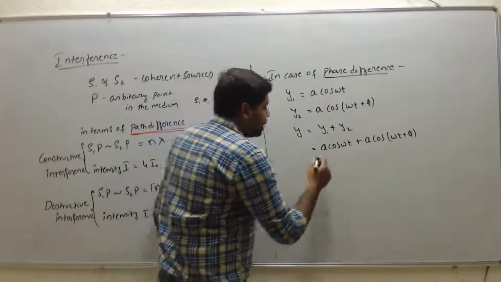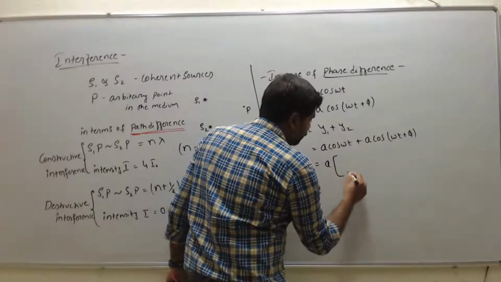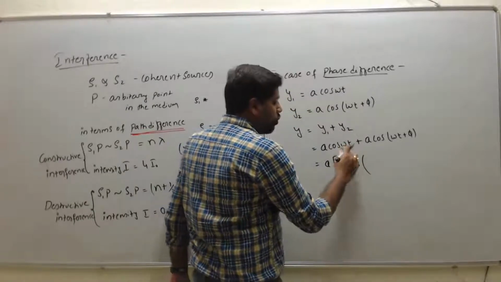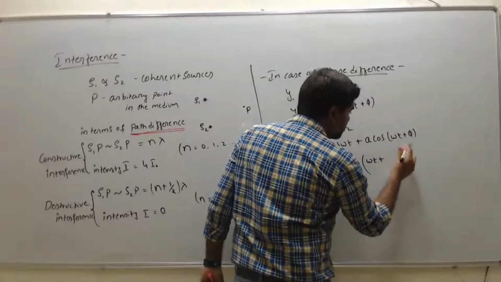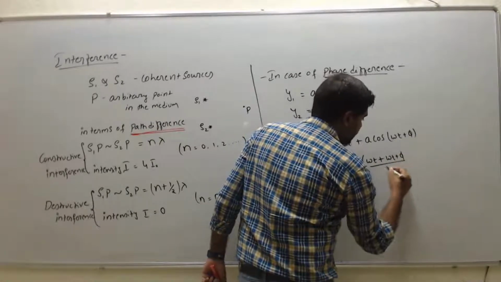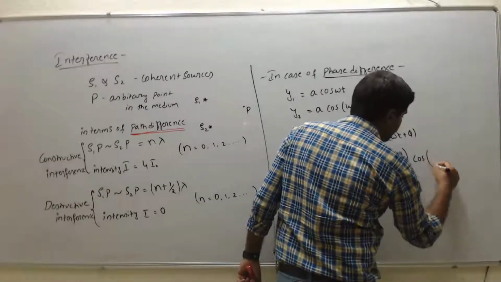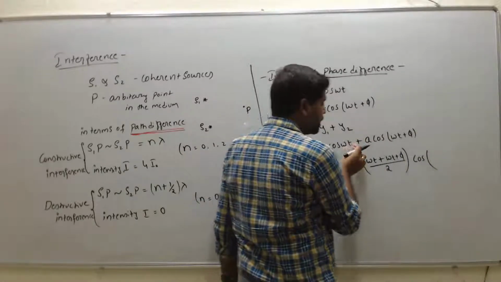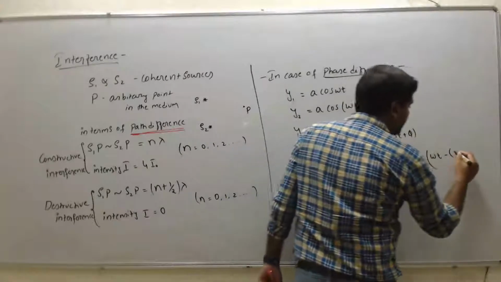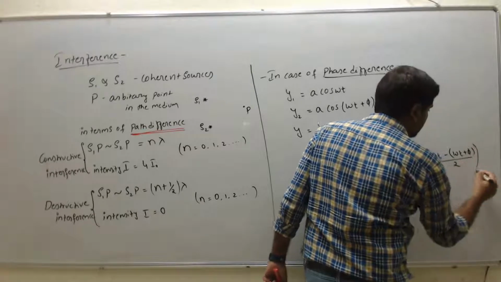So if we substitute that formula here, then we get A into 2 cos of, here A means omega t plus B means omega t plus pi, divided by 2, into cos of A minus B. So here A is omega t minus B means omega t plus pi, divided by 2.